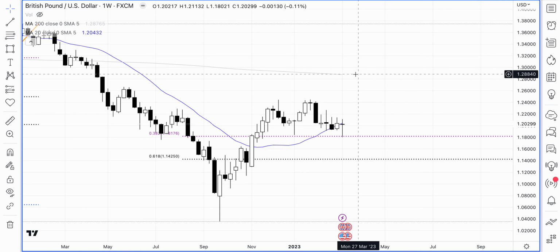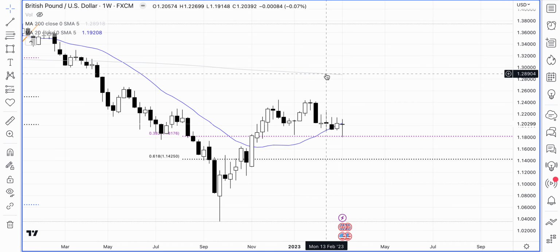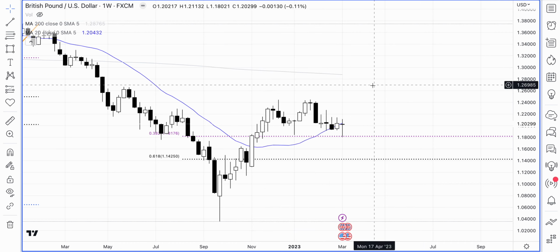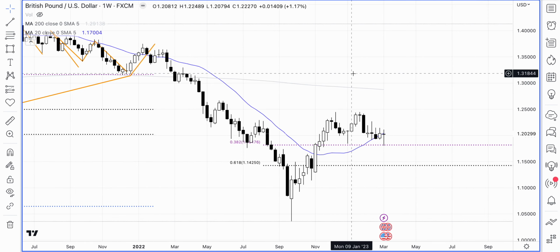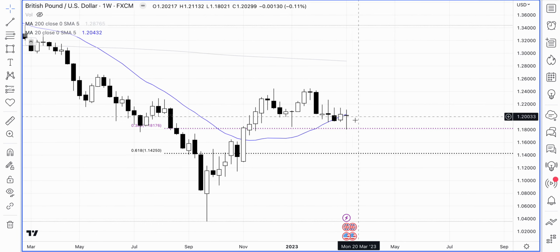And we also have the 200 week moving average coming in at 128.7, potentially could go higher up there. So we'll have additional Fibonacci levels as well, but for right now we're just watching this.